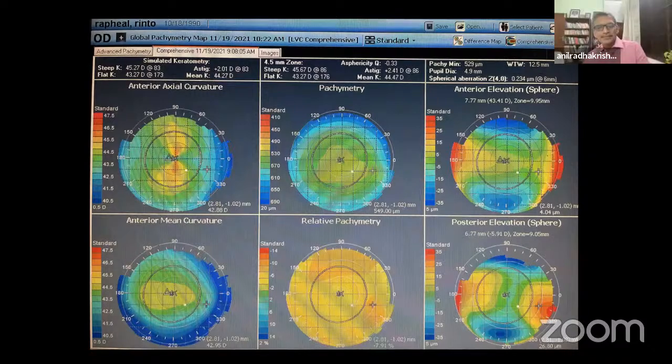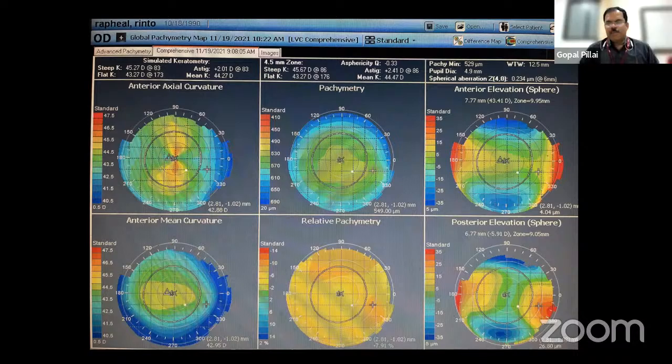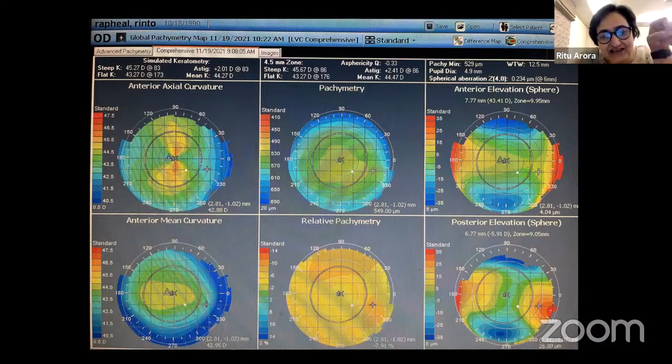Sure, ma'am. I do not know what is the level of the postgraduates. Are they first year, second year, third year? We have first years as well as second years, ma'am. I'm not sure how much exposure they have to topographies. So can we just have first one run through that? Suppose a postgraduate is shown one topography, how he has to go about describing it.